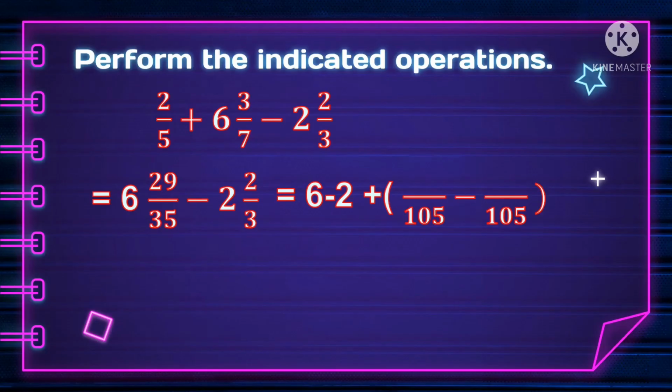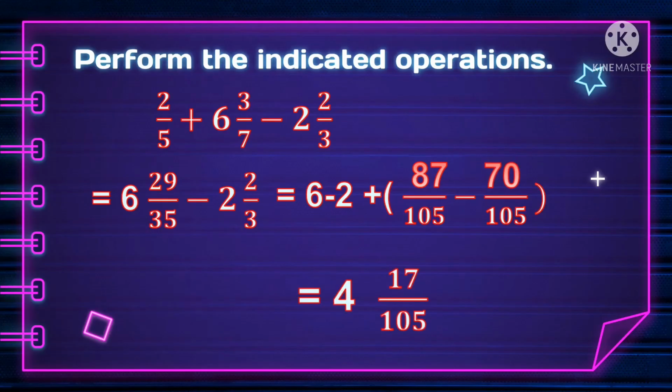Then, kunin natin yung bagong numerator. So, 105 divided by 35. So, that is 3. Then, times natin sa 29, we will get 87. Then, next, 105 divided by 3. So, the answer is 35 times 2. So, we have 70. So, 6 minus 2 is 4.